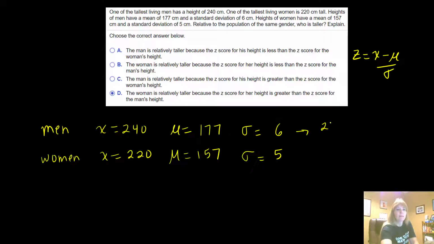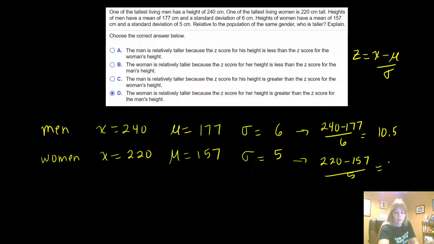So if I do that for the man, 240 minus 177 over 6, and I got 10.5, and then I do that for the woman, 220 minus 157 over 5, then you can certainly see that the woman is relatively taller because the z-score for her height is greater than the z-score for the man.